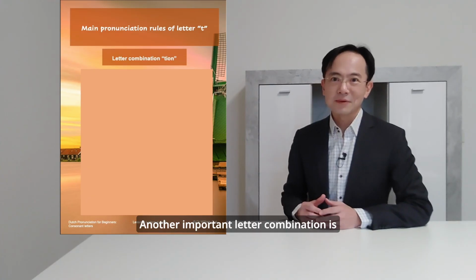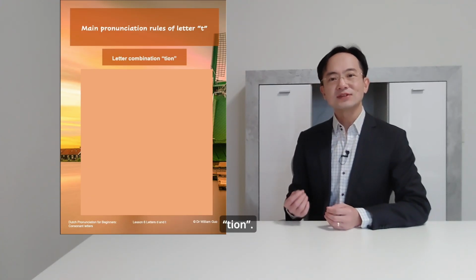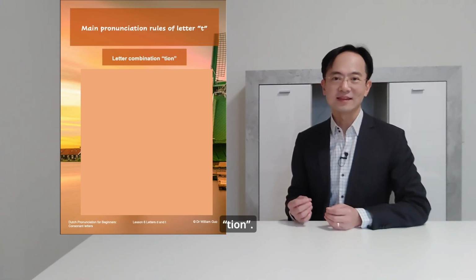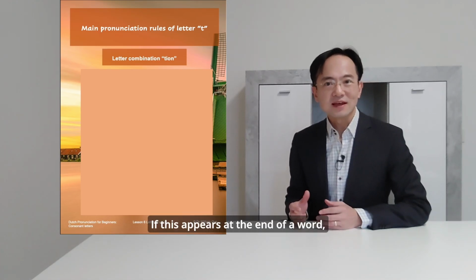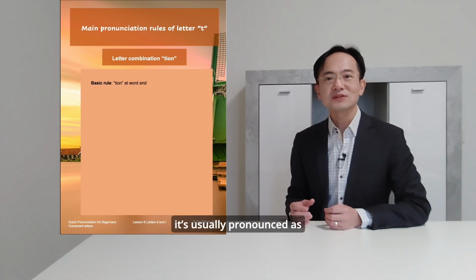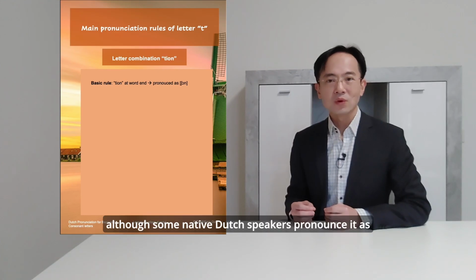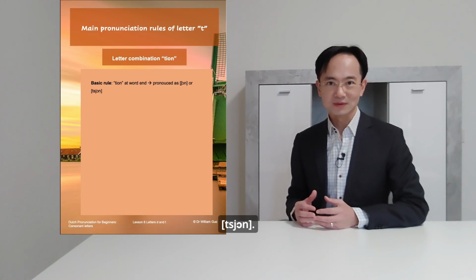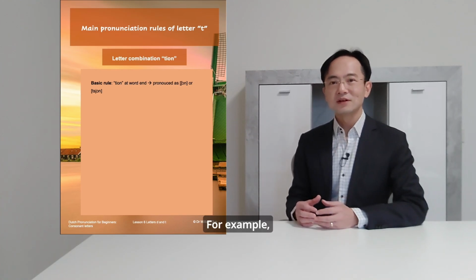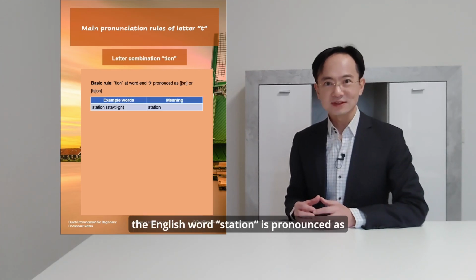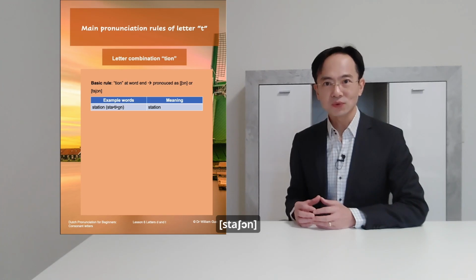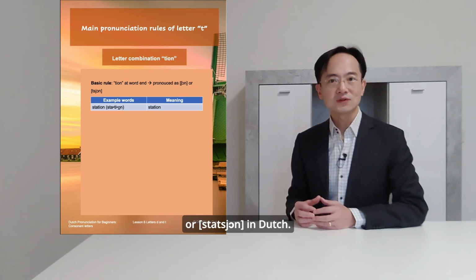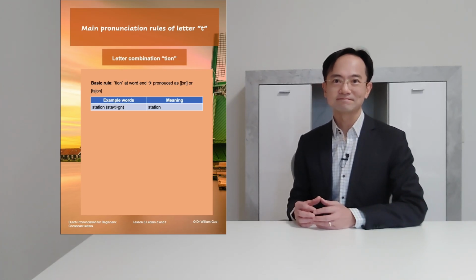Another important letter combination is tion. If this appears at the end of a word, it's usually pronounced as tion, although some native Dutch speakers pronounce it as tion. For example, the English word station is pronounced as station or station in Dutch.